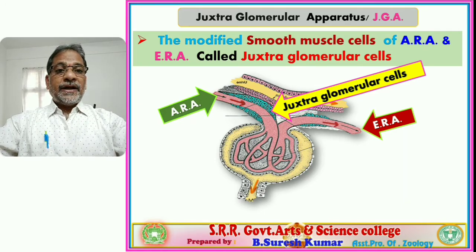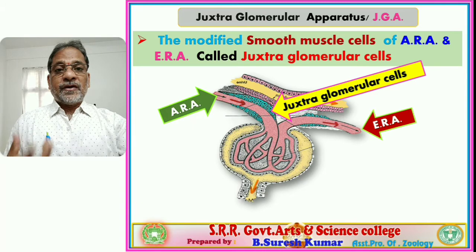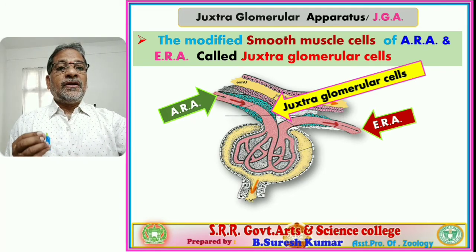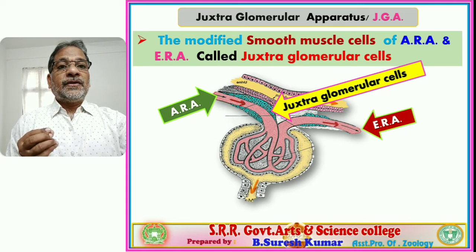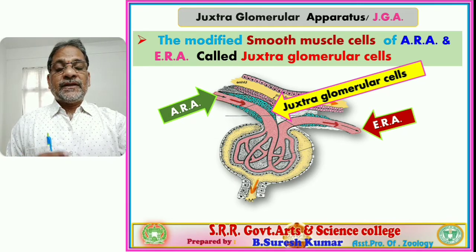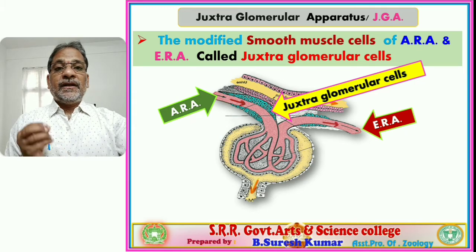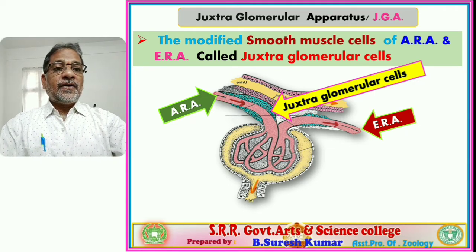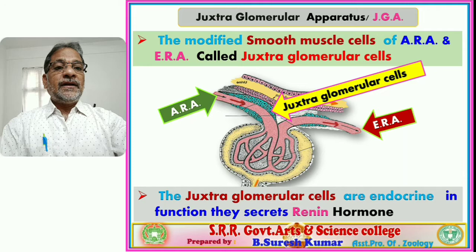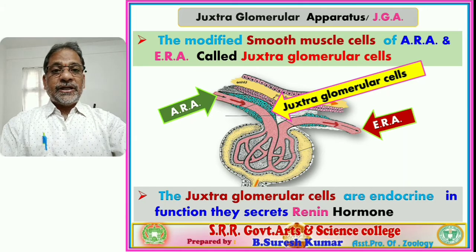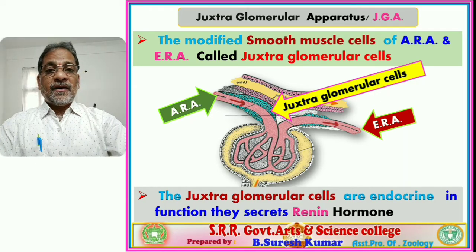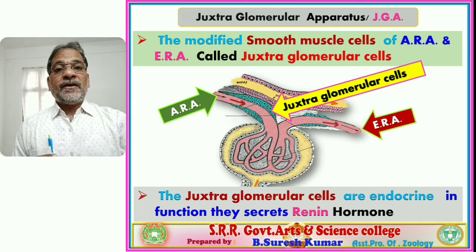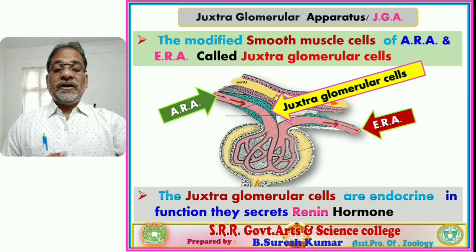The cells undergo modification, and such modified cells are called juxtaglomerular cells. So the modified smooth muscle cells, remember these are smooth muscle cells, of afferent and efferent renal arteriole are called juxtaglomerular cells. They are endocrine in function. They secrete renin hormone. The function of renin hormone you will learn in the regulation of the kidney.